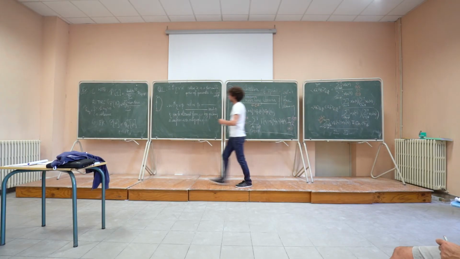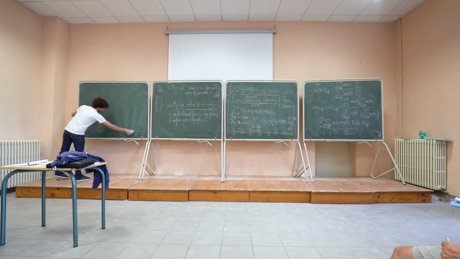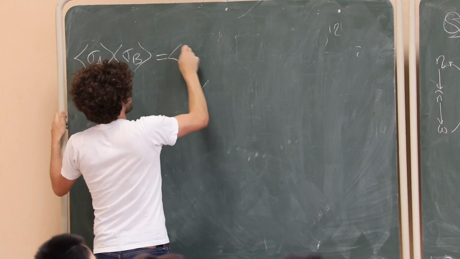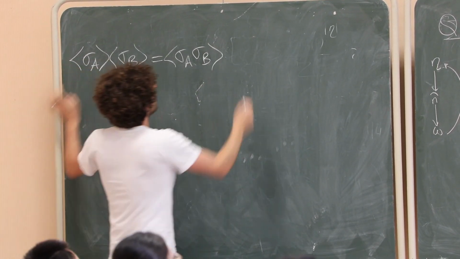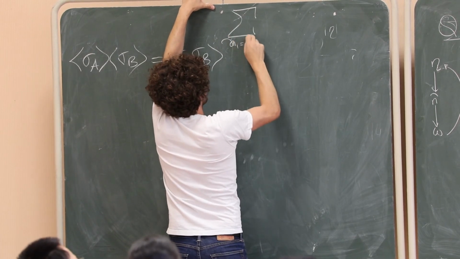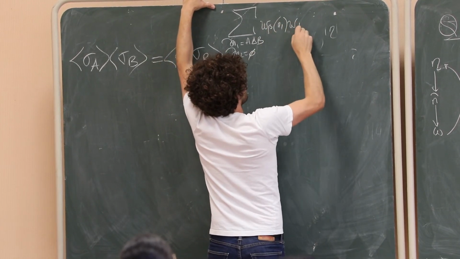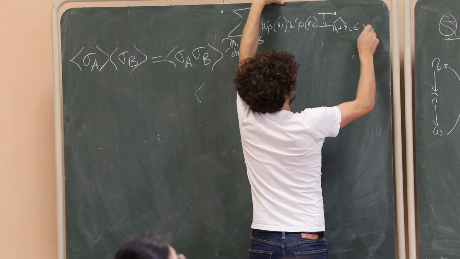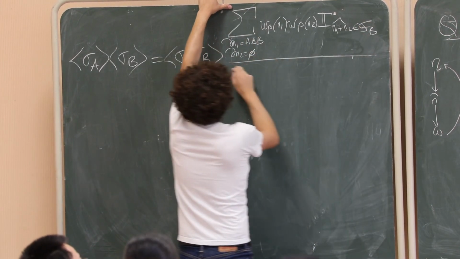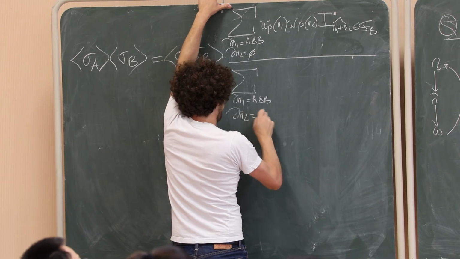So overall, sigma A, sigma B is just sigma A, sigma B times the sum of the first current with sources the symmetric difference of A and B, second current with no sources, of W beta of N1, W beta of N2, times the indicator function that N1 plus N2 belongs to FB, divided by the sum of this thing.